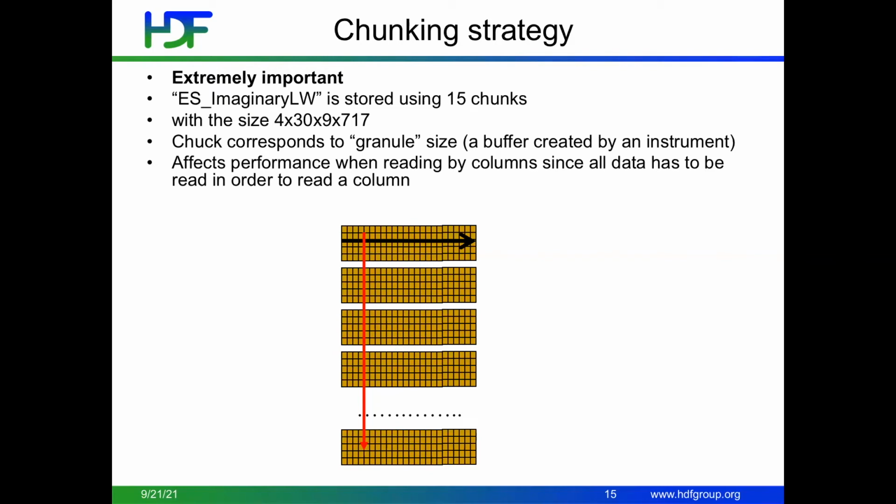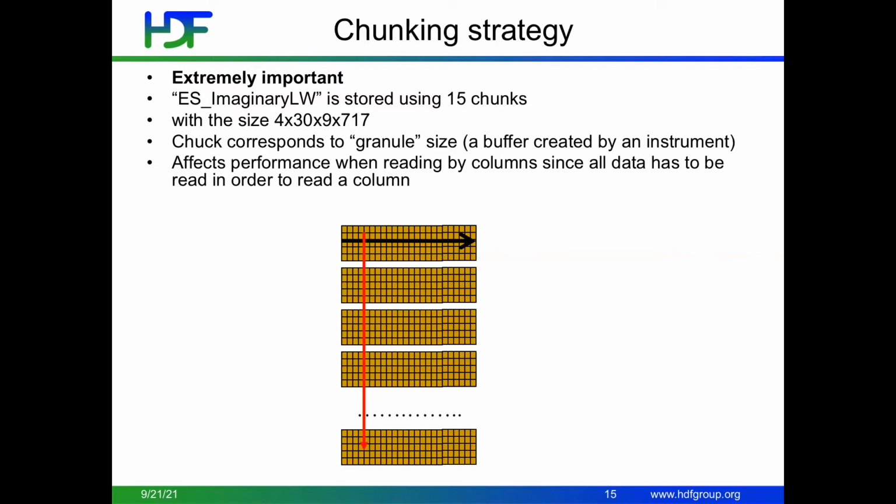But for reading, for example, if you want to read one row or one column, you will need to read all the data, because each piece of the column has to be extracted from the chunk. And if the data is compressed, then you have to uncompress all the data just to get one column.